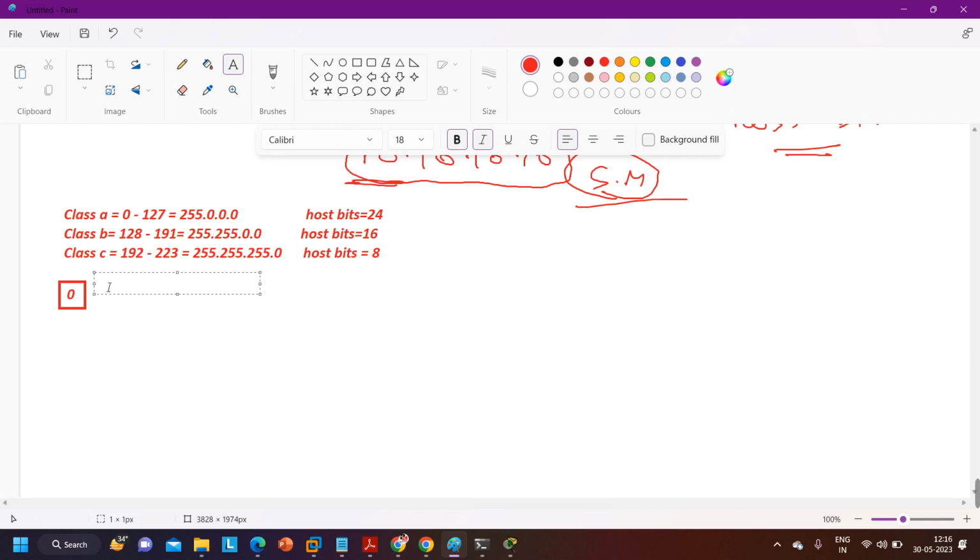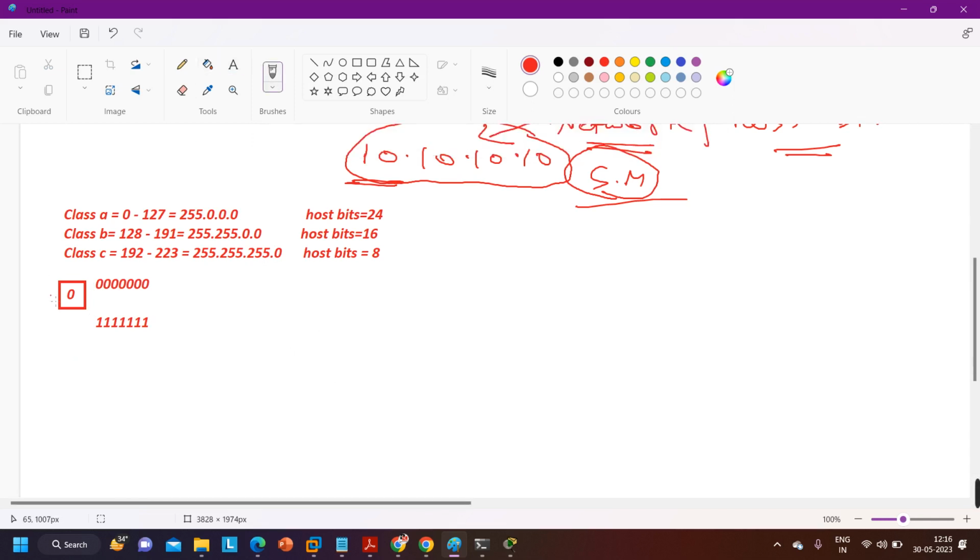If all 7 bits are 0, what value do you get? 0. And if all 7 bits are 1, what value do you get? 127. You can calculate it: 64, 32 and so on. So this is the range for which class?